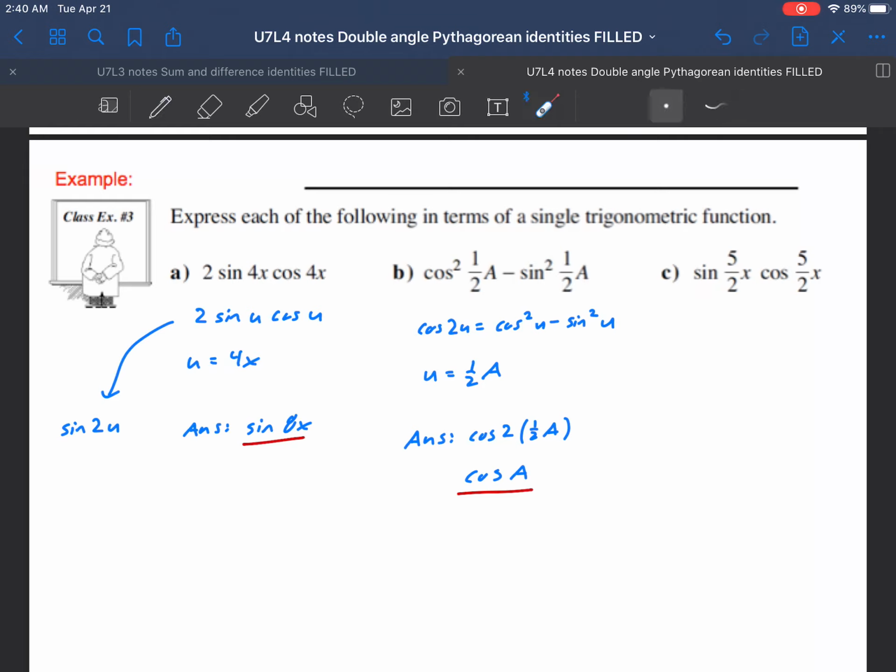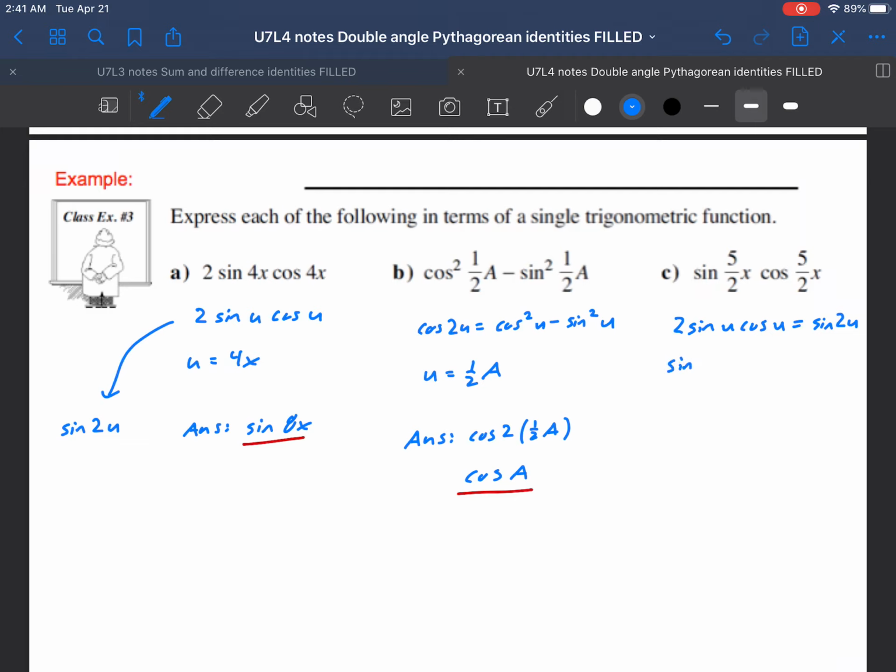Last one. Well, this looks similar to A, but the thing is there's no 2 here. So I'm going to start with that identity, double angle for sine. And I'm going to write it a different way though. 2 sine u cos u is equal to sine 2u.